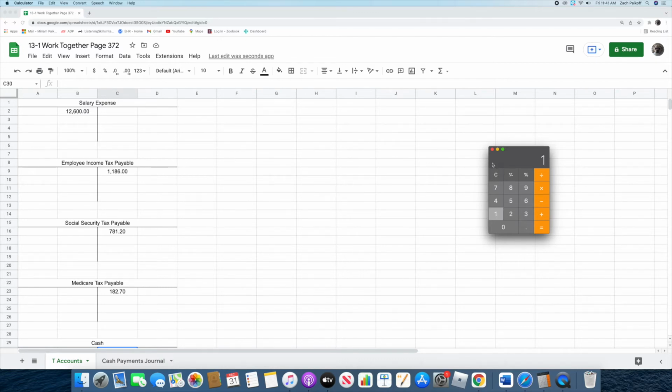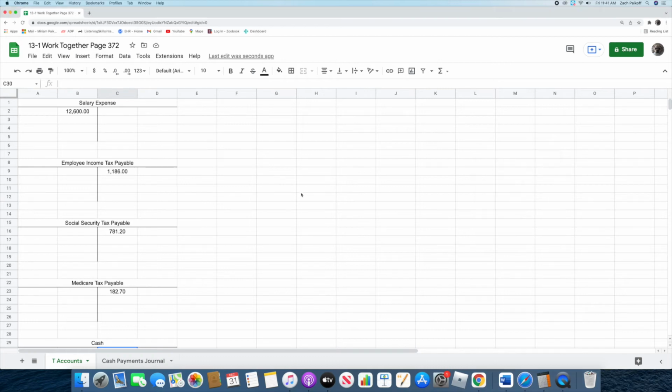And if we take 12,600 and subtract $2,149.90, that will give us the amount, which is $10,450.10. And we're going to record this amount on the right side of the cash T account.